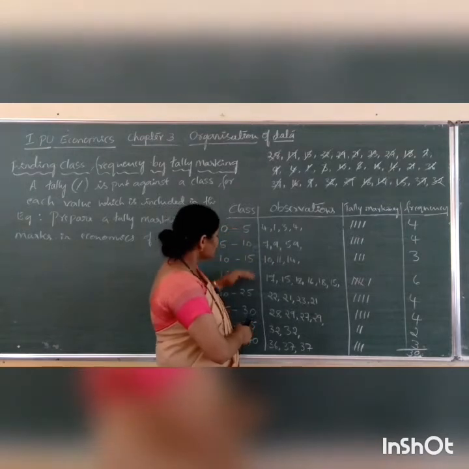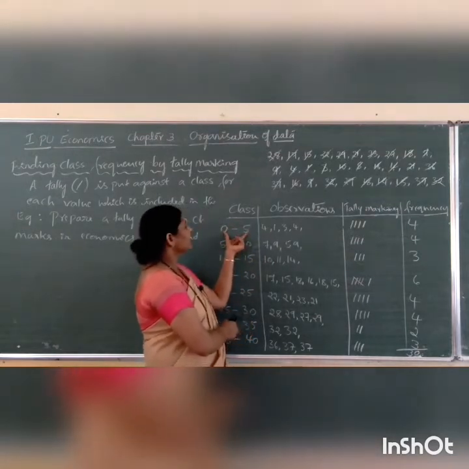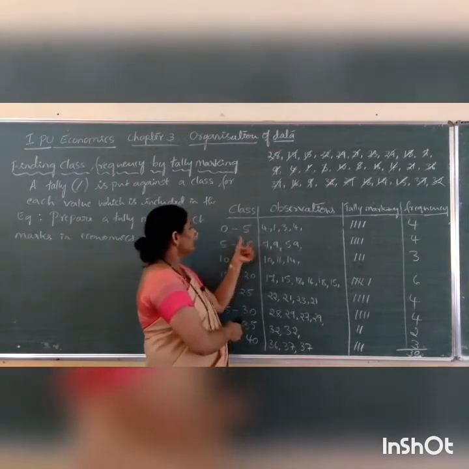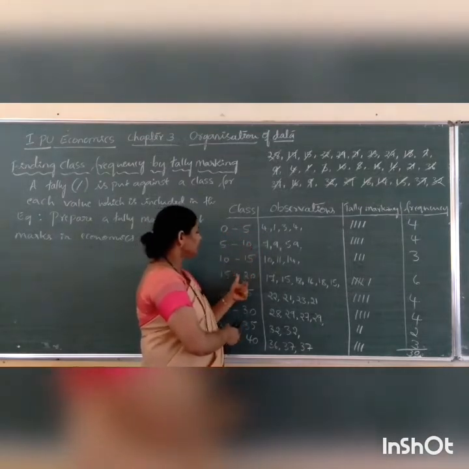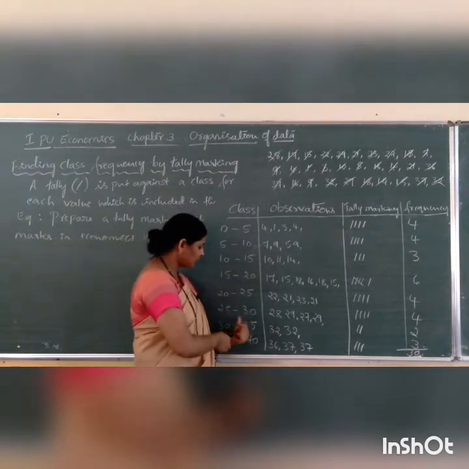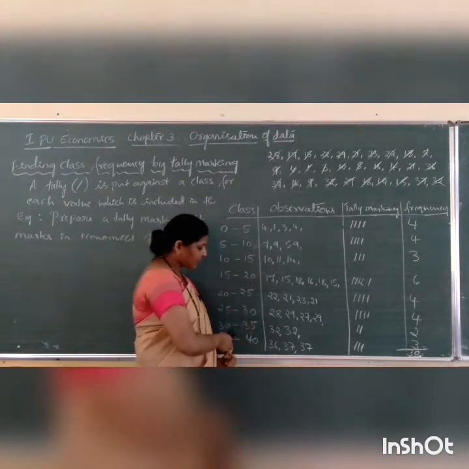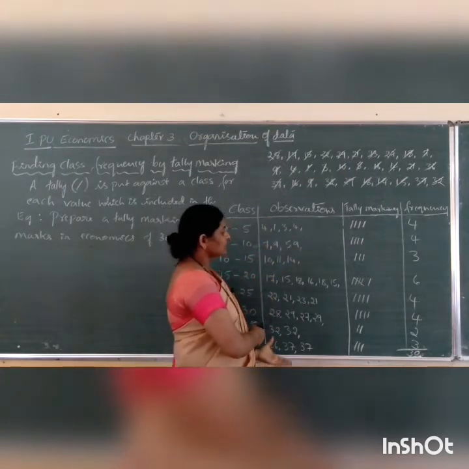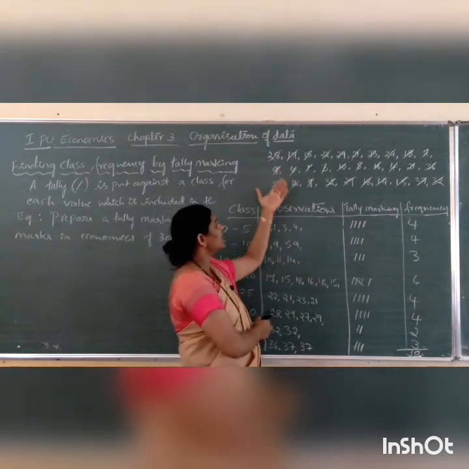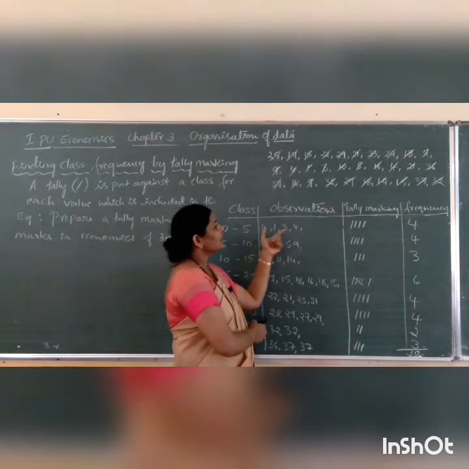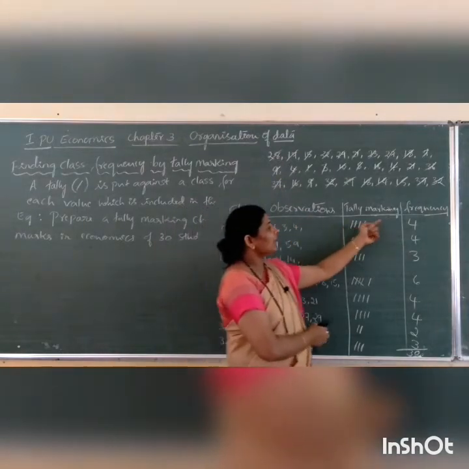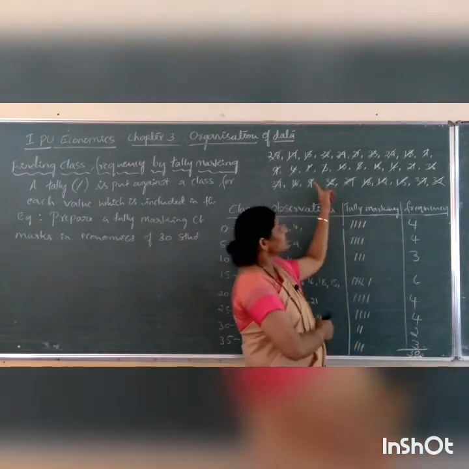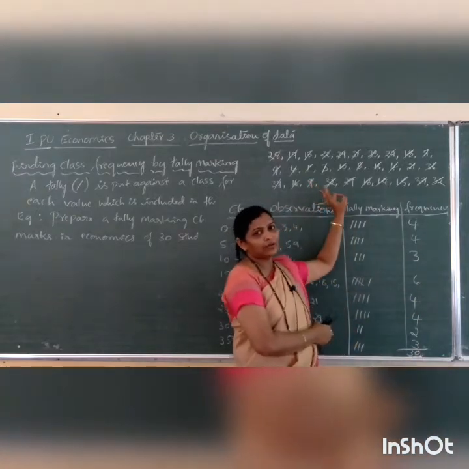I have written classes by taking class interval of 5: 0 to 5, 5 to 10, 10 to 15, 15 to 20, 20 to 25, 25 to 30, 30 to 35, 35 to 40. And I have written all the observations, marks scored by students, against class. And I have put tally marking and also written frequency. The total should be 30. Here 30 students marks are given.